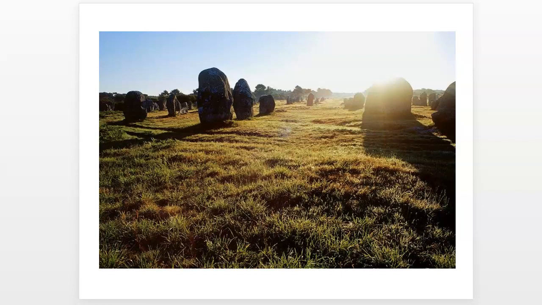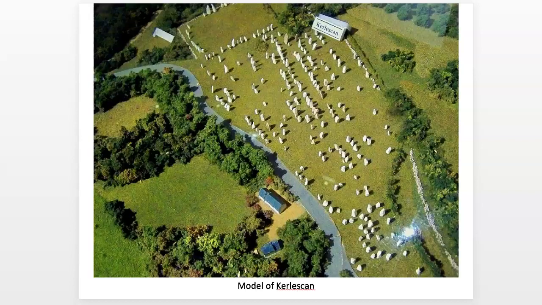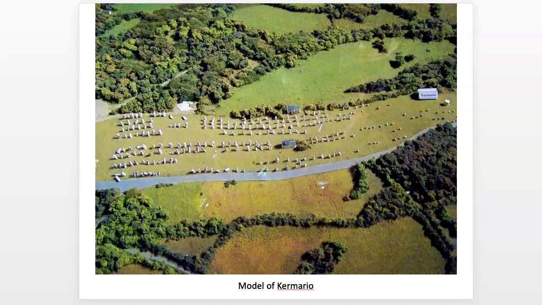So they were able to keep adding to these over time, and there are three major groupings that we've been looking at. The Menec alignment, which is 11 rows of stones converging. The Kermario, which fans out into a bigger, wider group.